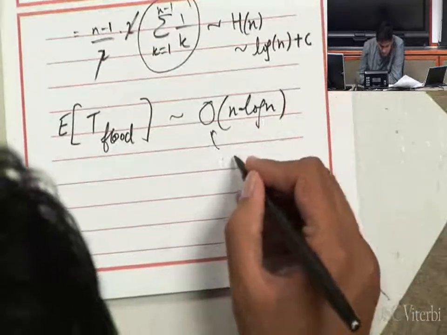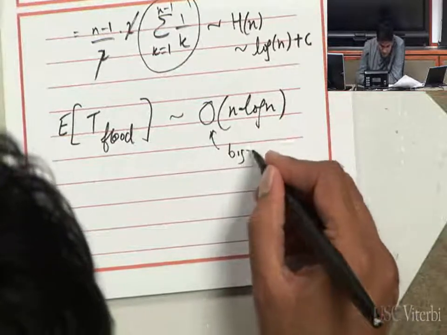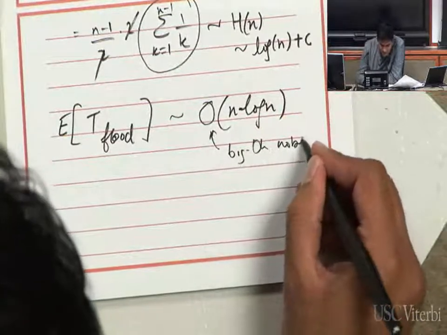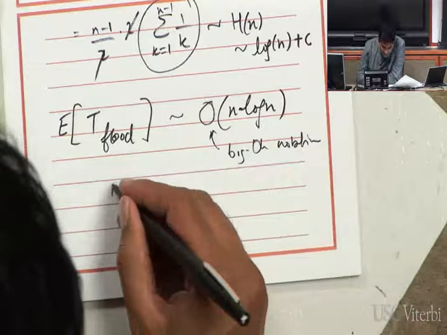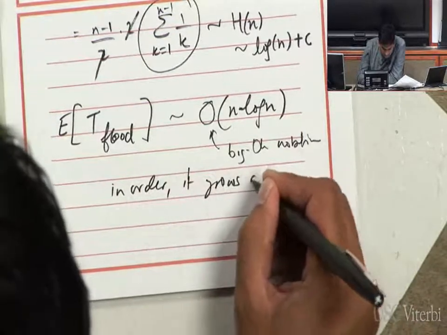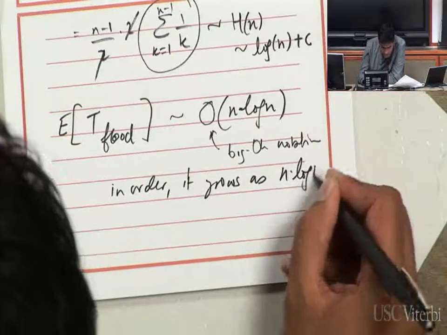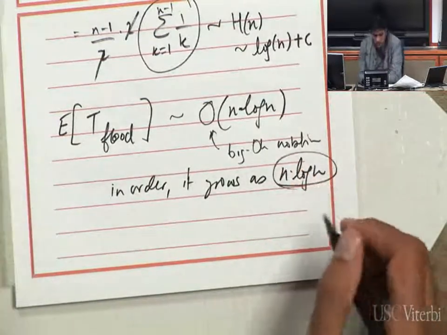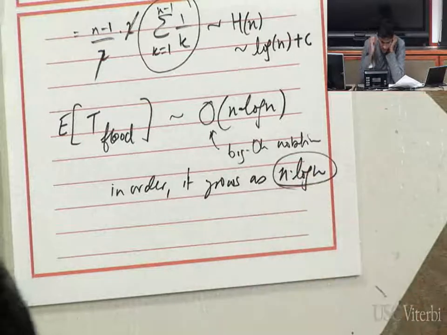Okay, this is called big O notation if you've seen it in computer science. But roughly speaking, it's like saying in order it grows as n times log n. So what is this saying, n times log n?